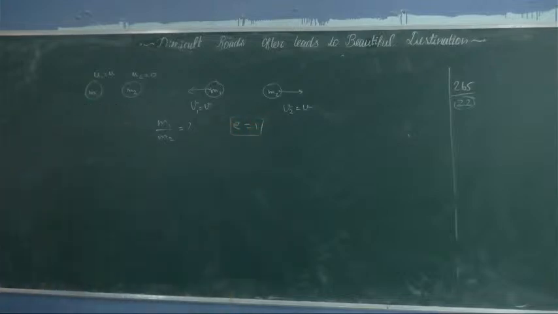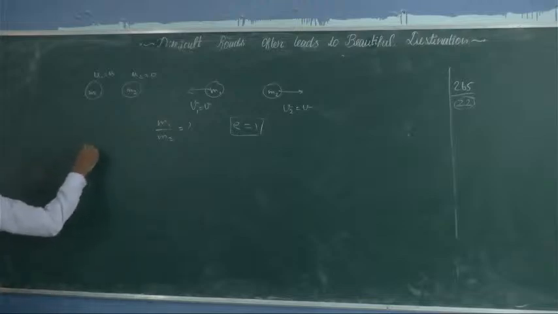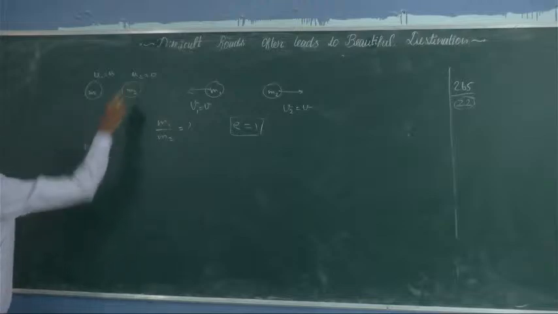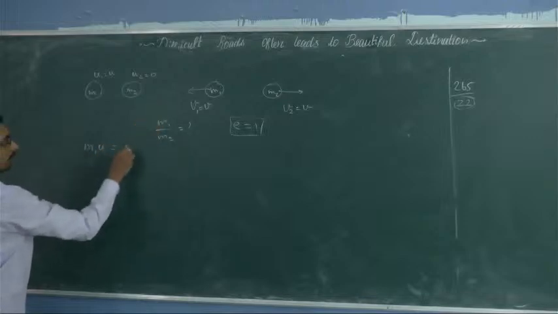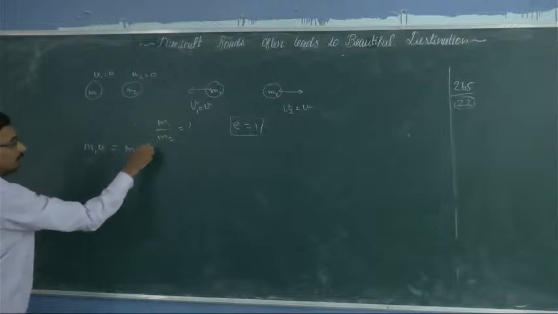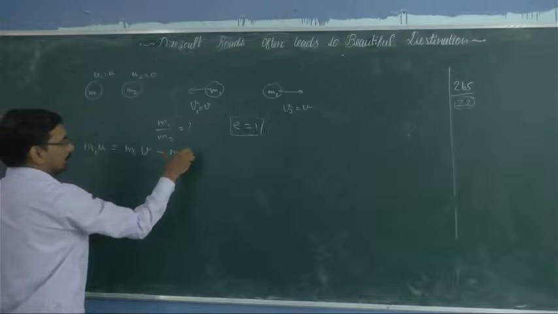We know very well that for any type of collision we can use the law of conservation of momentum. Using the law of conservation of momentum, frame the first equation. In our first equation, m1 u, and the second object's momentum is 0 here. Then m1 v minus m2 v.